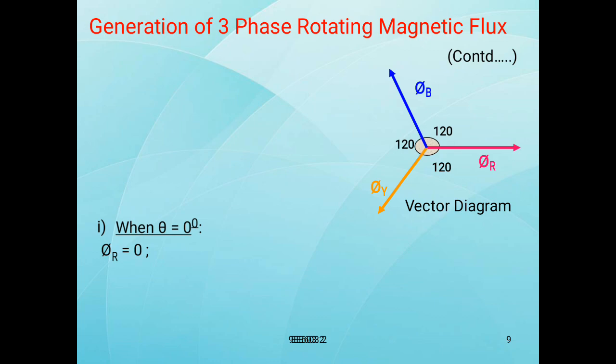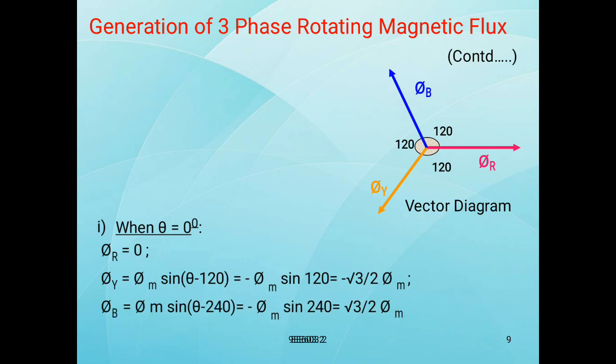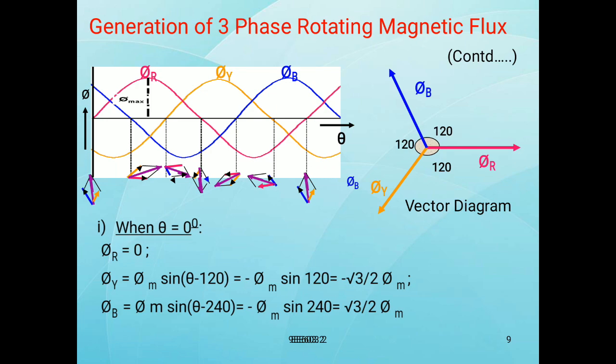When theta is equal to 0, phi R is equal to 0. Substituting in the previous equation, the flux in R phase is 0. In Y phase, phi Y is equal to phi m sin of theta minus 120. Substituting theta as 0, we get minus root 3 by 2 phi m. And the B phase flux is root 3 by 2 phi m. So when theta is equal to 0, phi R is 0, phi Y is minus root 3 by 2 phi m, and phi B is equal to root 3 by 2 phi m.